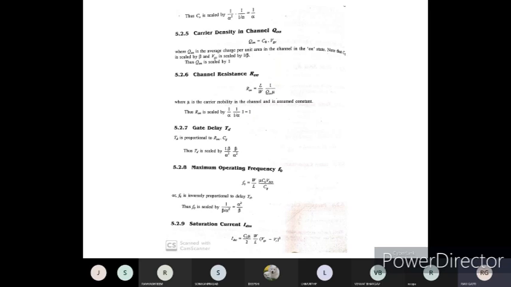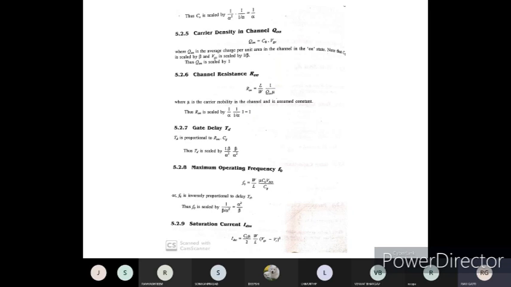Just now we have calculated C naught, the gate capacitance per unit area, which is scaled by beta. So beta into 1 by beta gives 1. Therefore the carrier density in channel is scaled by a value of 1.